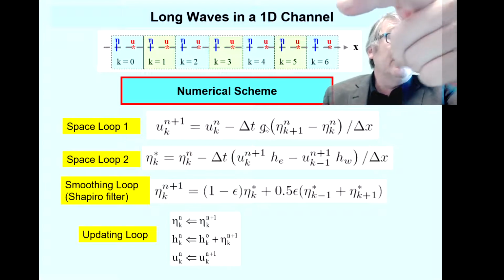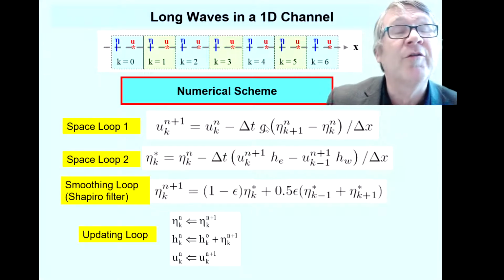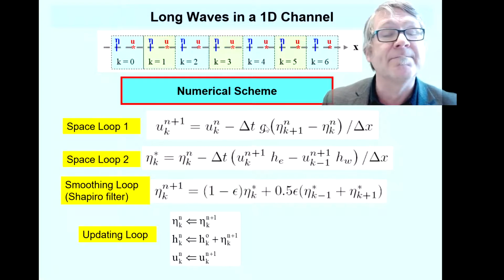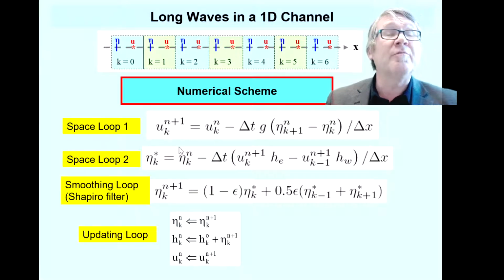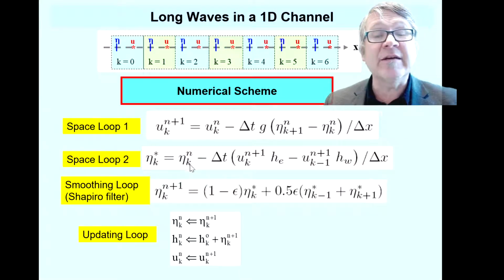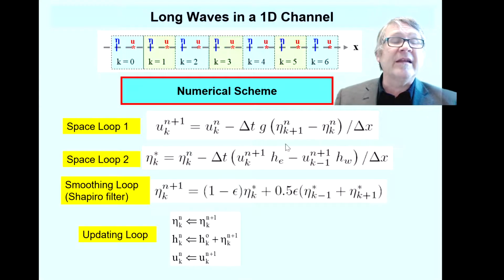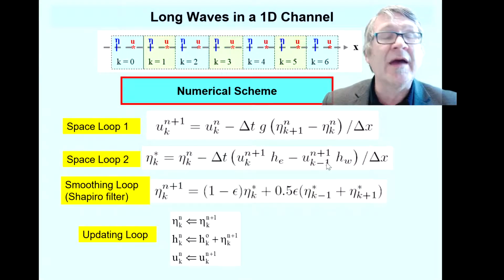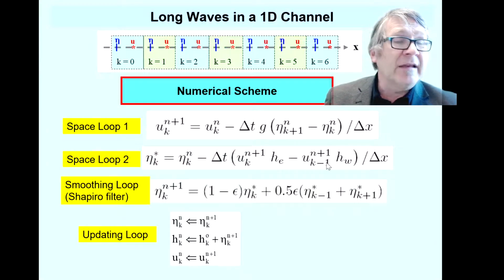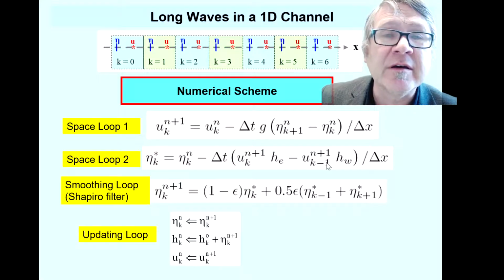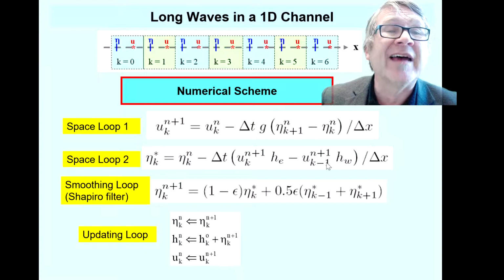Then you can do the same approach for the second loop using the updated velocity. And this is now a prediction for the sea level elevation. For the sea level elevation, you have to define which volume you want to bring into the grid cell or export out of the grid cell.